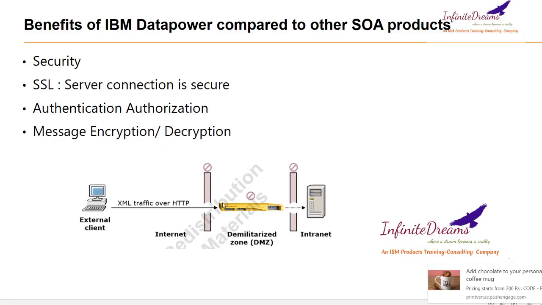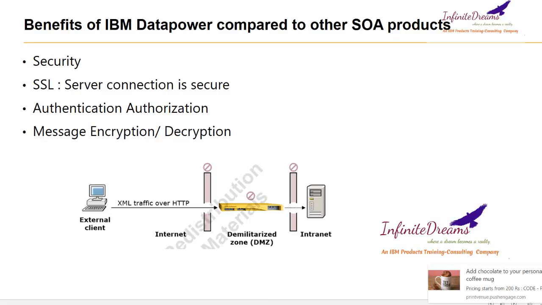There are some concepts related to encryption and decryption, and we will discuss those concepts also in IBM Data Power. Basically, all these types of security, authentication, authorization, SSL, message encryption, decryption, digital signature, we will implement in Data Power.